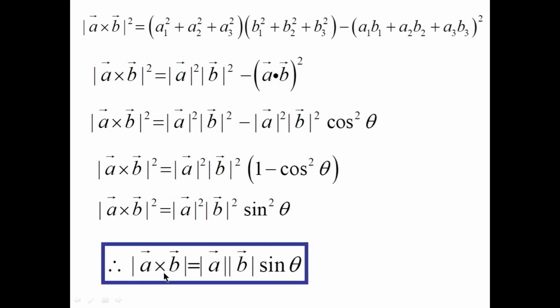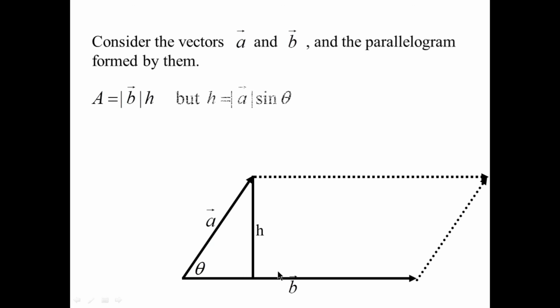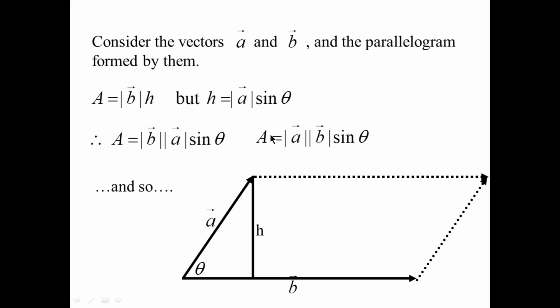The magnitude of the cross product was length times sine. The area of a parallelogram is length times sine. And so the area of a parallelogram is the magnitude of the cross product. And that's going to come in handy, particularly if we wanted to find the area of a triangle, which is exactly half of this parallelogram.